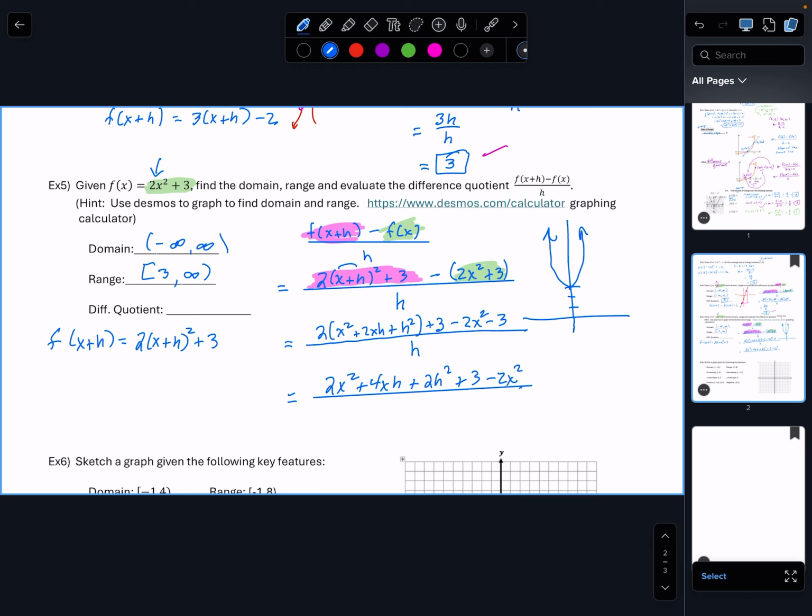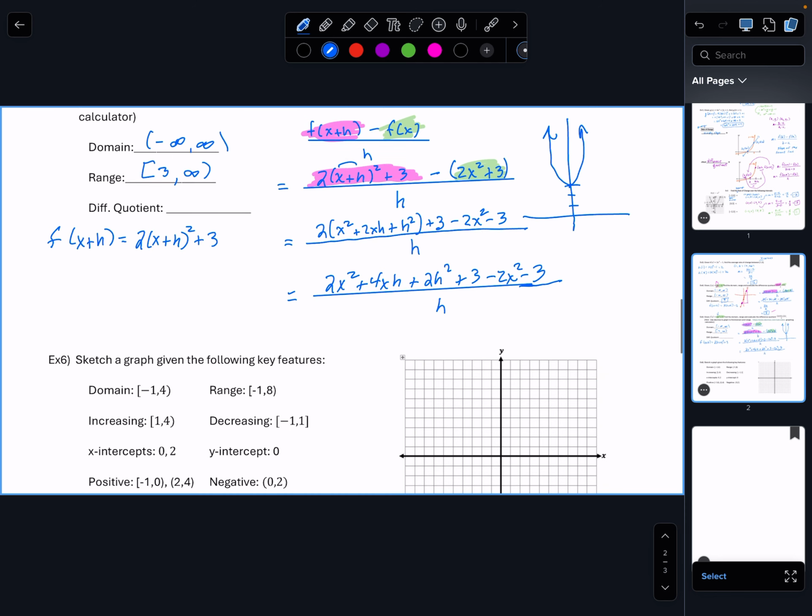And if your fraction bar gets too short, extend it. Your entire expression should be sitting on a fraction bar. The fraction bar shouldn't be hanging over on either side. And a good sign you're in the right direction is everything that does not have an h cancels. And I want the step where you show me what was left after those canceled.